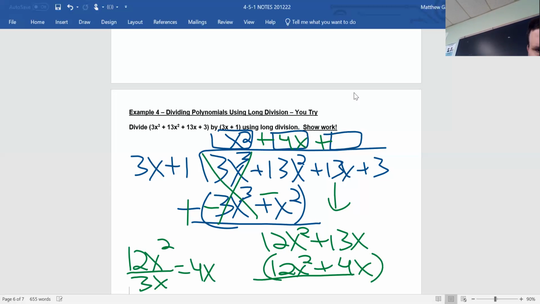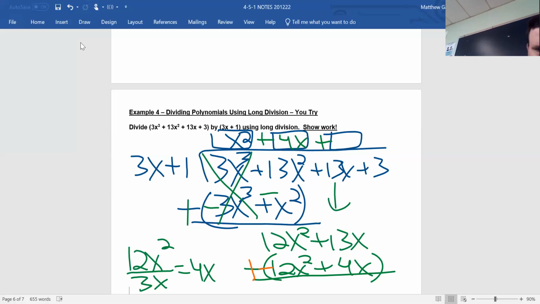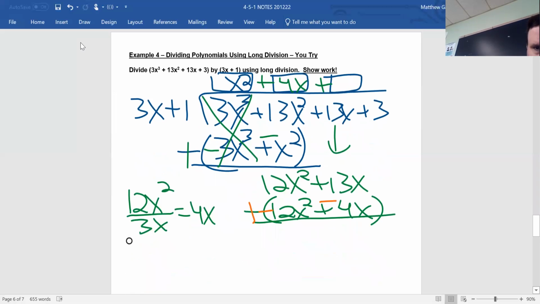Okay, subtract vertically. So we're going to add the opposite. 13 and the opposite of 4 is 9. We got 9x. Bring down the 3.